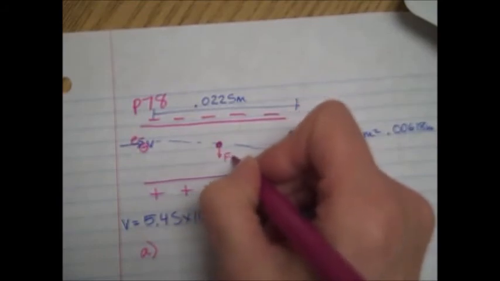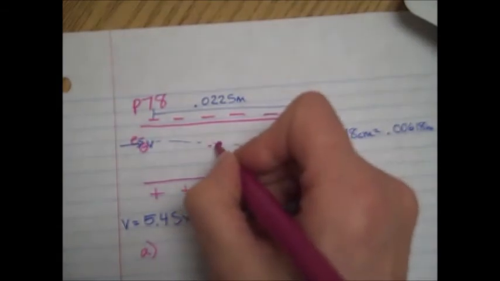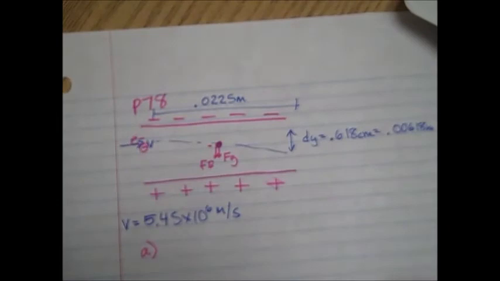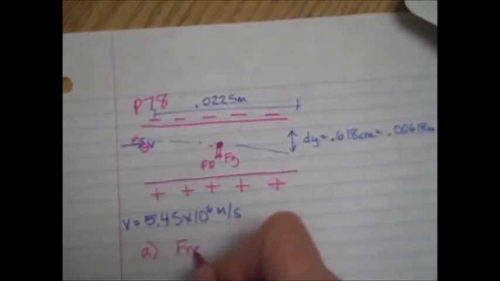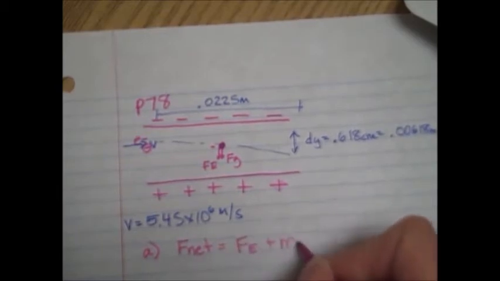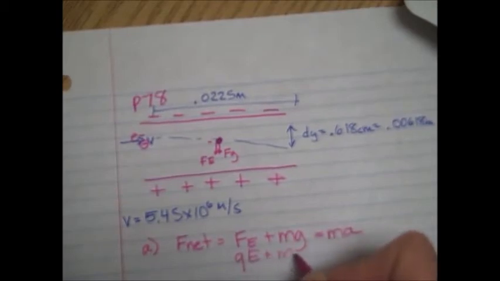So we'd have force gravity down, and this is an electron, so we'd also have the electrostatic force down. So the net force would be the electrostatic force plus gravity, and that would equal ma. This is QE plus mg equals ma.